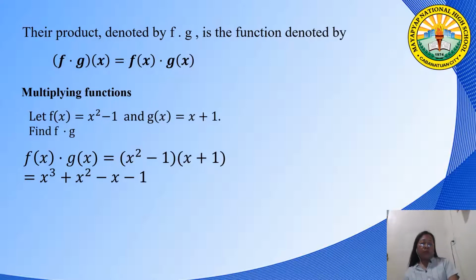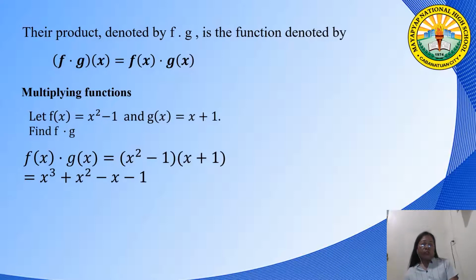So observe, this is multiplication. By observing, you may find the product by distributive property or by FOIL method. Any method you want to apply, it's up to you. So by distributive property, we have x cubed plus x squared minus x minus 1.